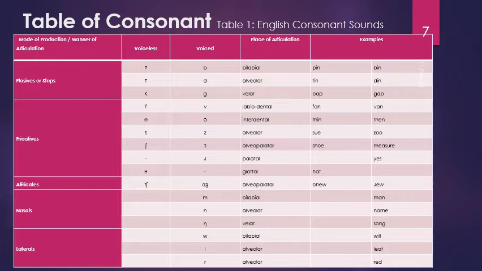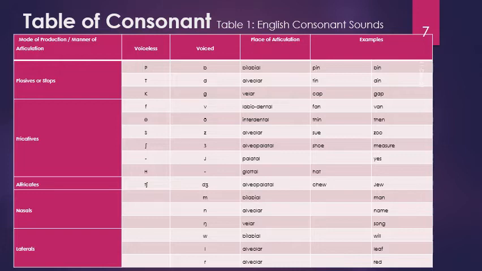Here we have the 24 consonant sounds. First, we have the plosives or stops. The plosives include pa, ta, ka as the voiceless sounds, and ba, da, ga as the voiced sounds.